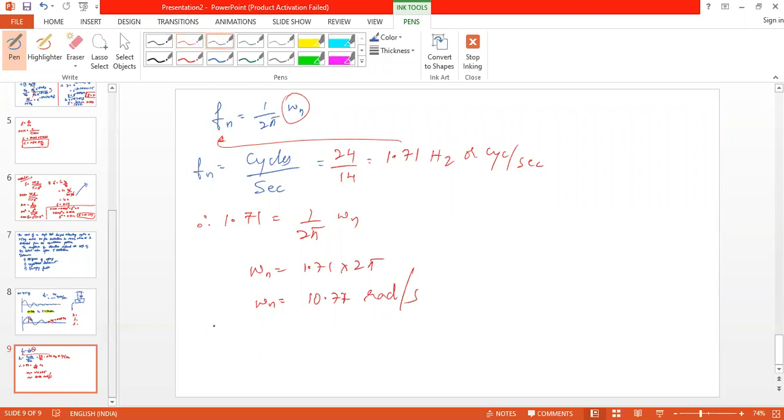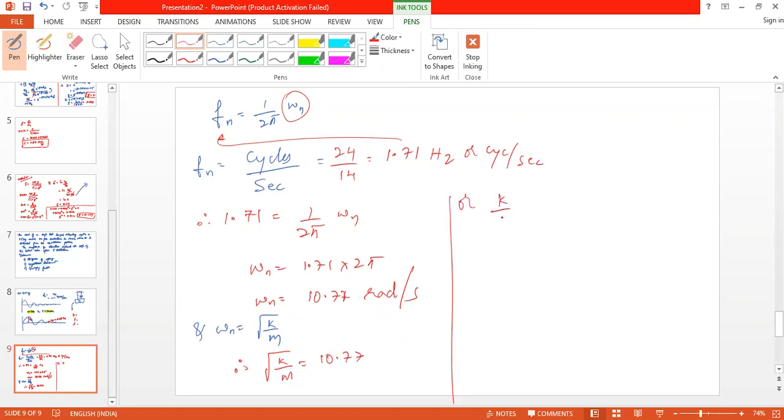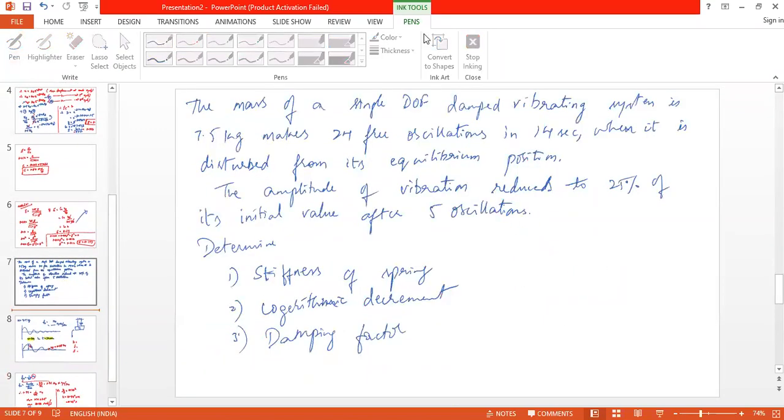We also know that omega n is equal to root of k by m. Therefore root of k by m is equal to 10.77, or k by m is equal to 10.77 square, and k is equal to 10.77 square into m. What is the value of m? M is 7.5 kg.